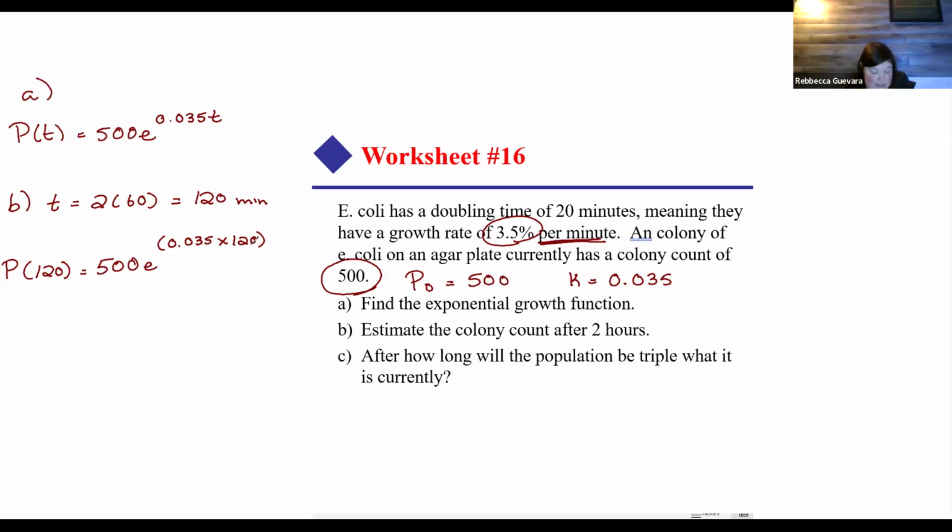So 500 e to the 0.035 times 120. There, I got one of those janky calculators I keep telling you about. This is going to be an approximate population of 33,343, let's say 0.2.